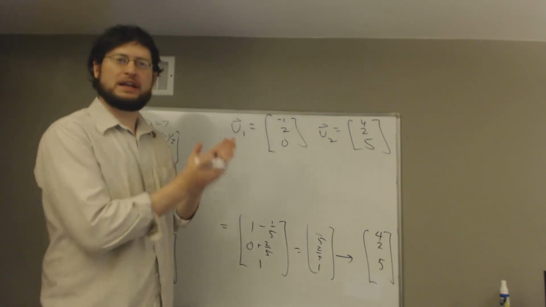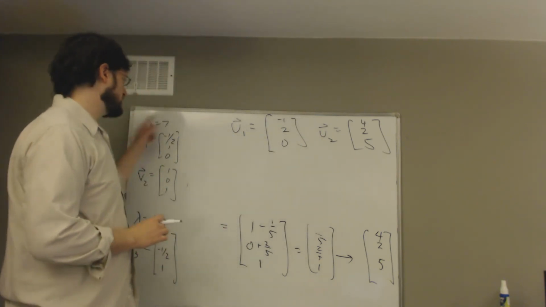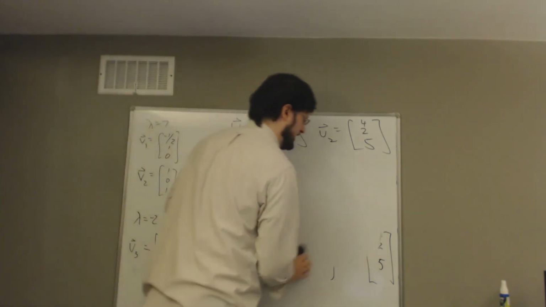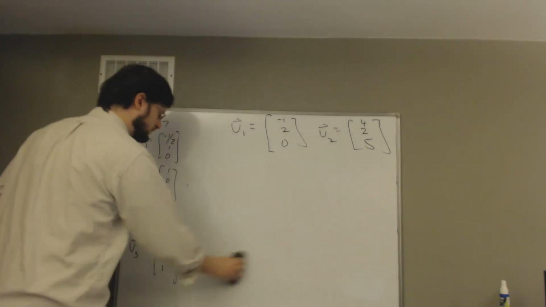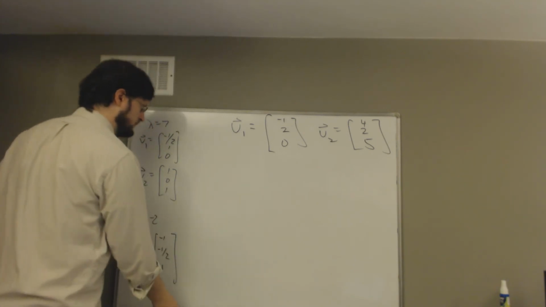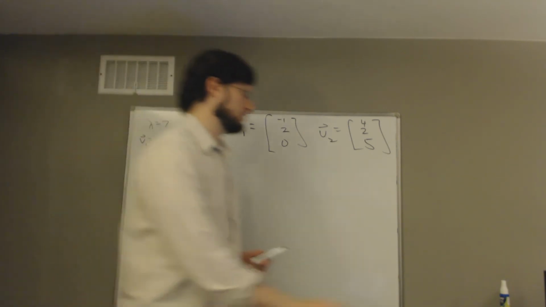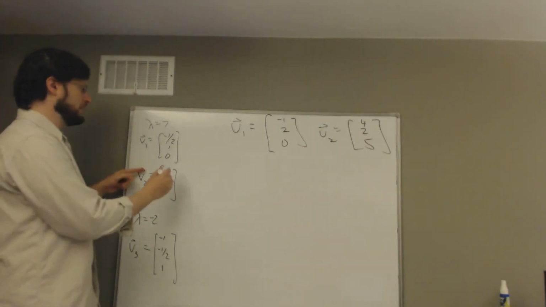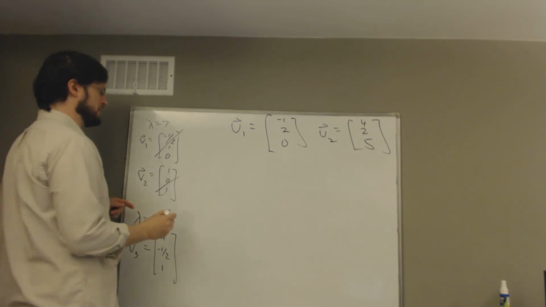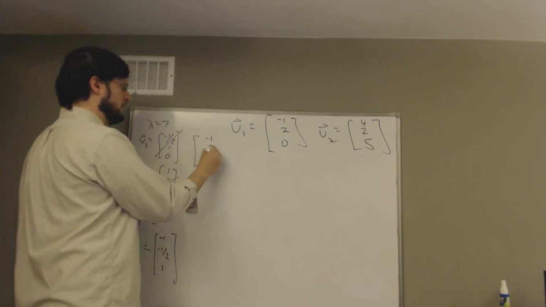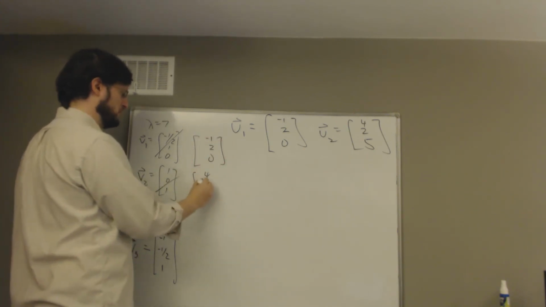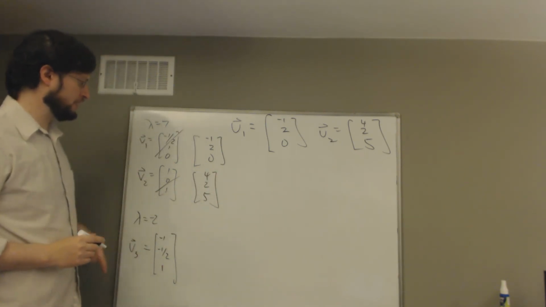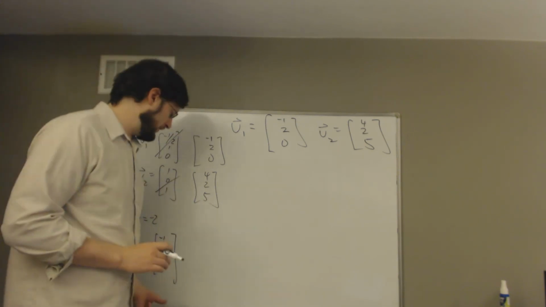So now we have created a perpendicular set of vectors which still spans the eigenspace corresponding to lambda equals 7. So the vectors that we're using at this point are no longer these two vectors, but instead -1, 2, 0, and 4, 2, 5. And we're still using v3 that's down here. This is now an orthogonal set of vectors.